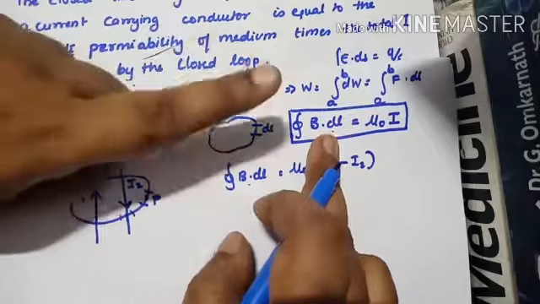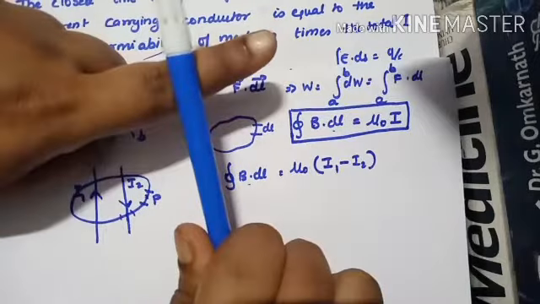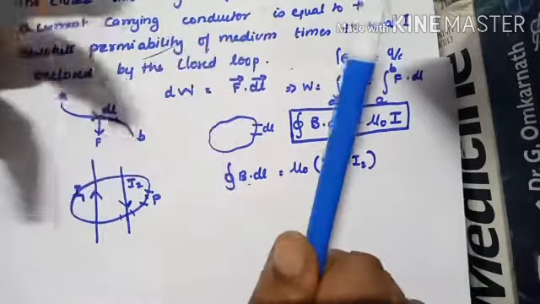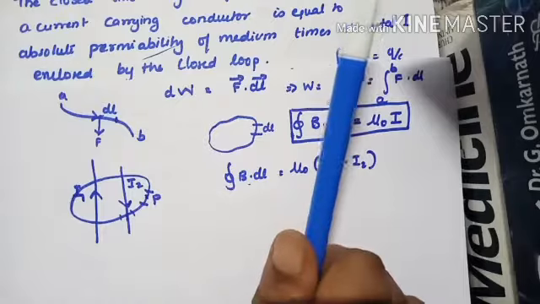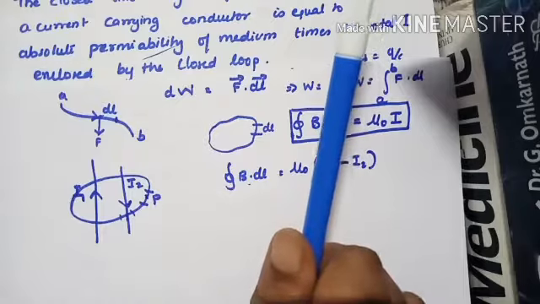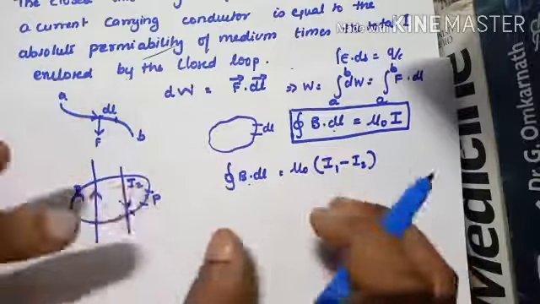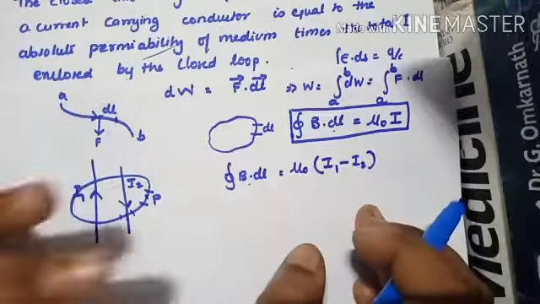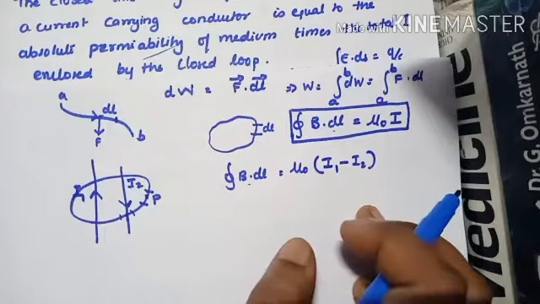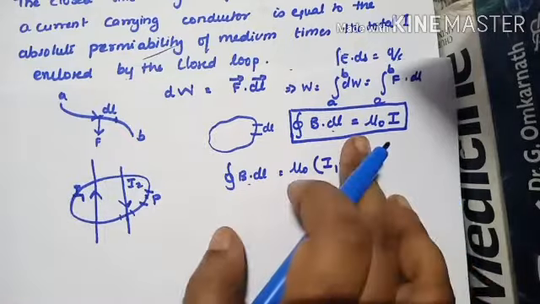That is, when B is in this direction and the length is in this direction, B dot dl will be equal to 0, so there will not be any magnetic field. So some of the things you can understand from this equation itself, and some simple calculations you can do by using Ampere's circuital law. We'll do a problem, then you will understand how it is used. You have to understand the equation basically.